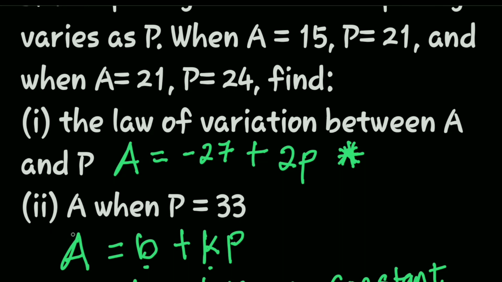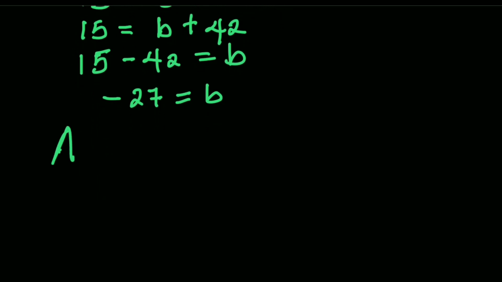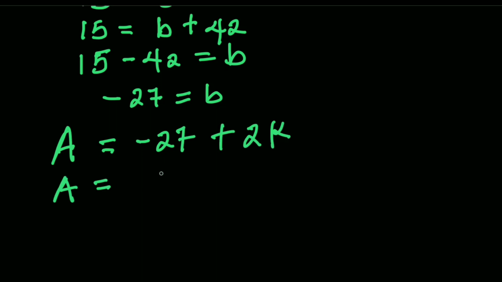So the next question here says, find A when P is 33. So we are just going to build on this expression that we have written. Remember, we already have the two constant values. So find A when P is 33. Originally we have A as minus 27 plus 2P.